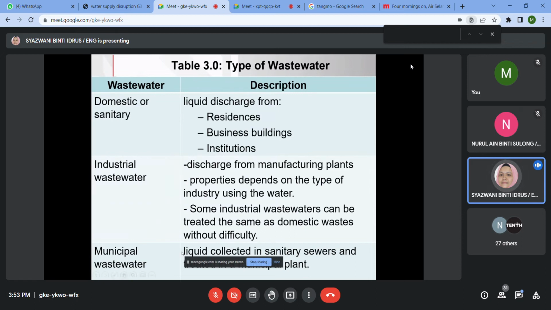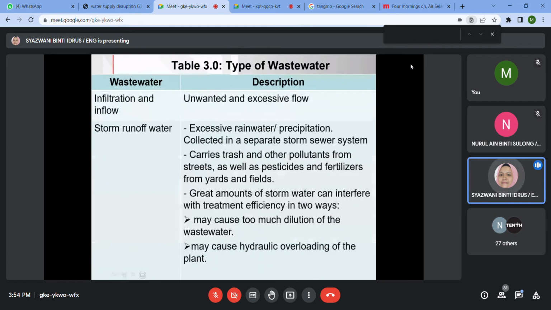Municipal wastewater is the liquid in the sanitary sewers and treated in municipal plants. So this one is combined with the storm water. Apart from that, there is also consideration to treat the wastewater from the storm water only.